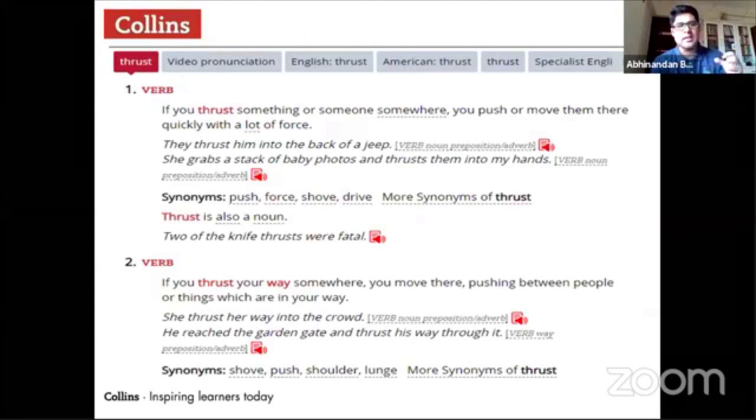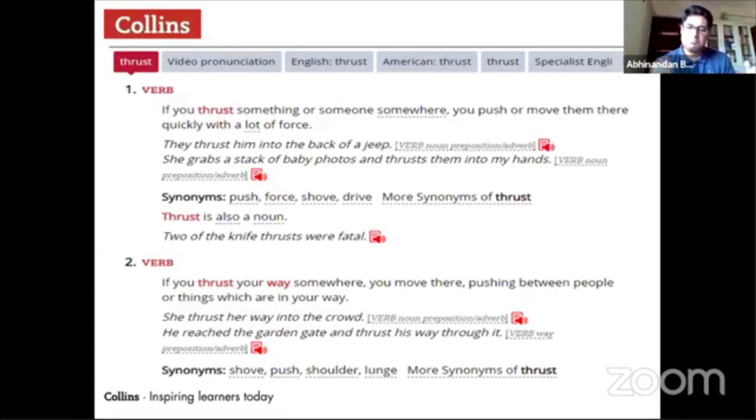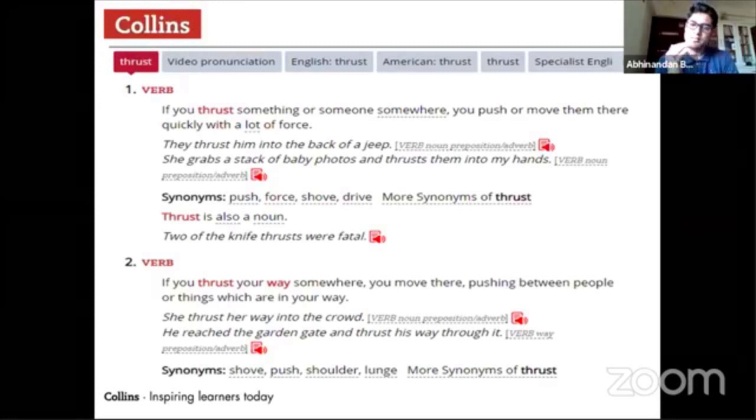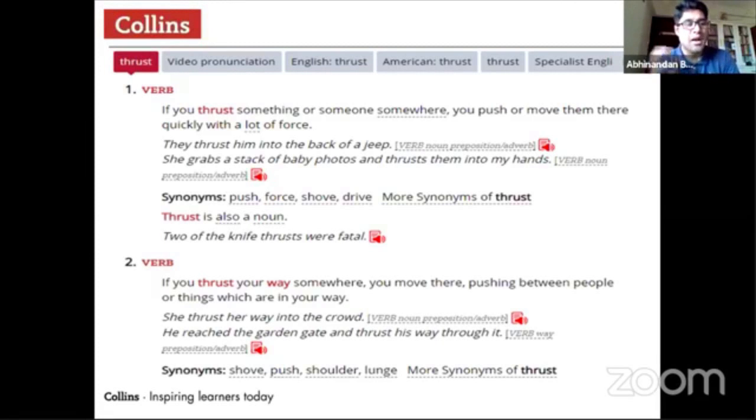You are using aggression or force, coercion, trying to drive your way through. So these are some of the ideas that are generated the moment you come across the word thrust. And the moment you look up the words in the dictionary, you get alternatives. We say push, force, shove, and drive.